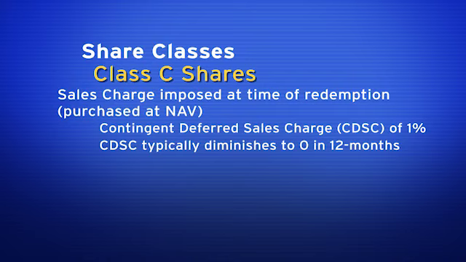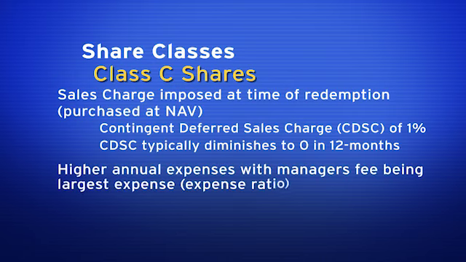So these are suitable for short-term investing. Never put a client in C shares who is looking to invest for the long term. The reason? Higher expense ratio. Unlike B shares, when this back-end sales charge diminishes to 0, C shares do not convert to A shares.